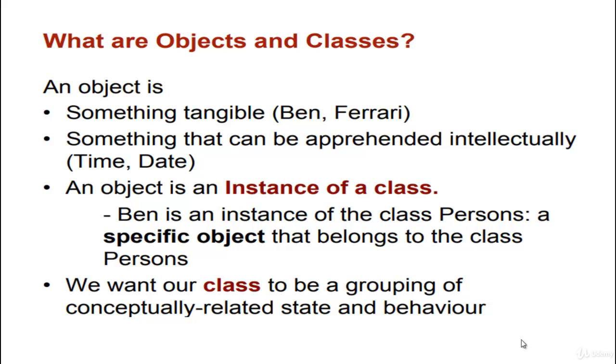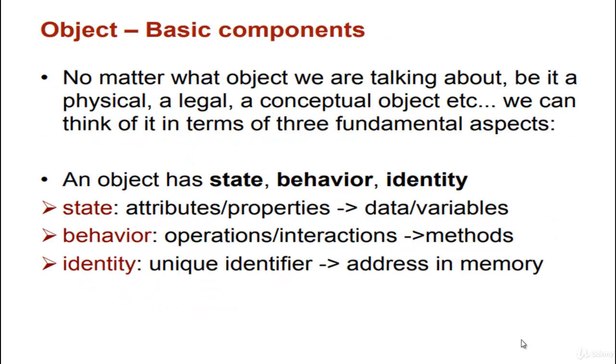So now we have some kind of an understanding about an object and what is the difference between classes. An object is an instance of a class. An object is something tangible and something that can be apprehended intellectually. So let's see the basic components of an object.